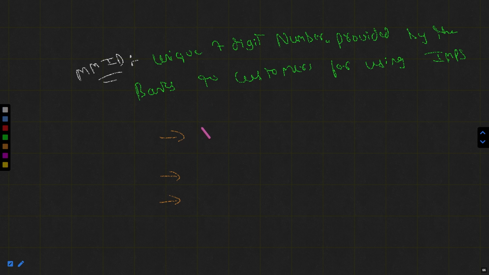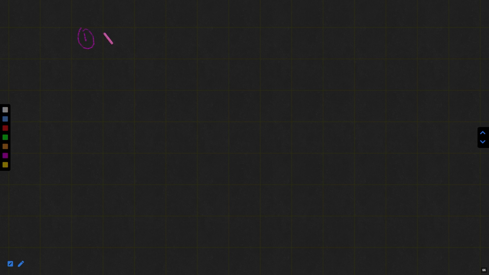For example, the first is mobile banking, second is net banking, third is phone banking. These 3 ways are basically used to generate the MMID number. So if we talk about the steps, first is mobile banking.